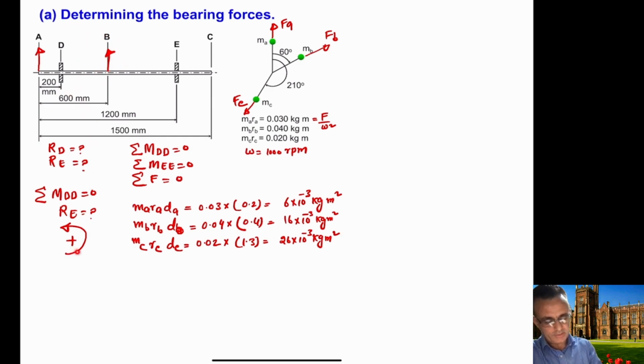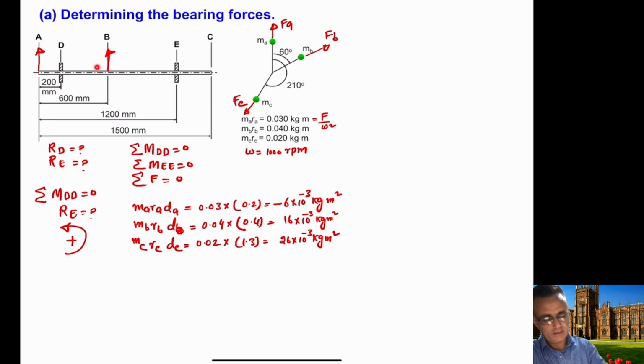So if you are taking the counterclockwise as positive, this means that you will need to put a negative sign here. So this is a negative value here. This is an important point, and the only reason is because it's on this side, so it will create a clockwise couple.